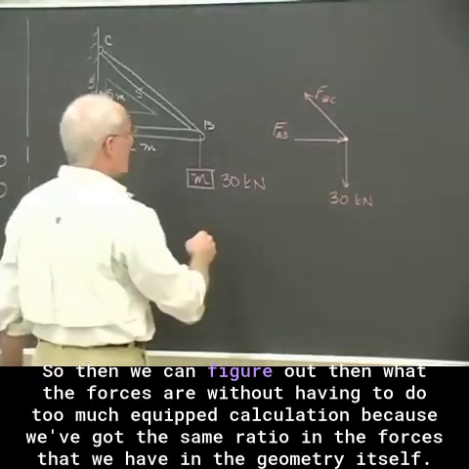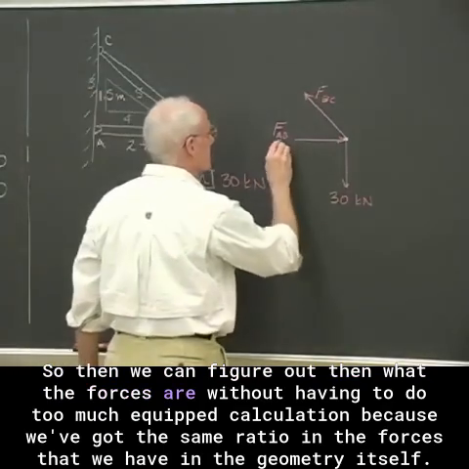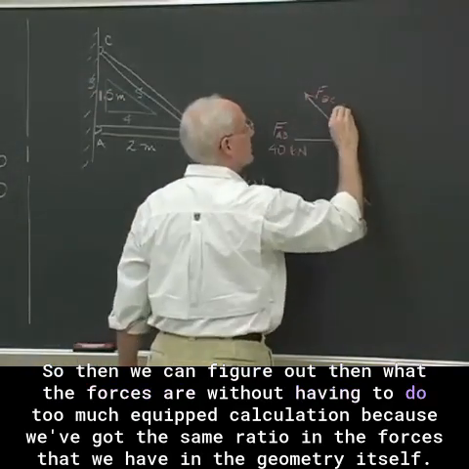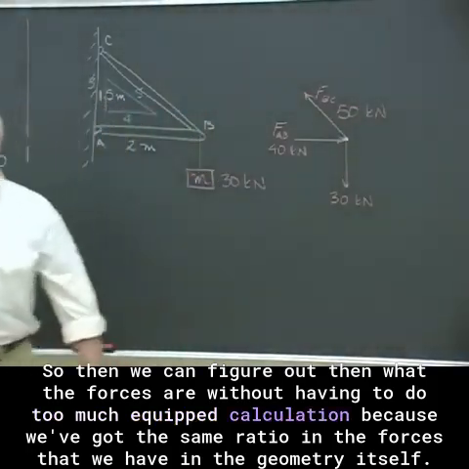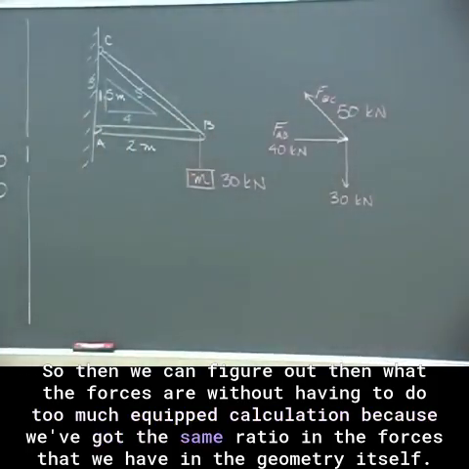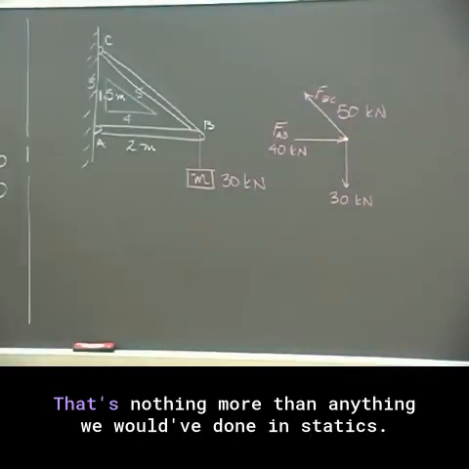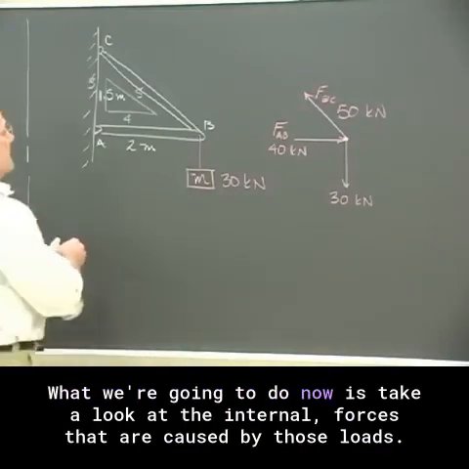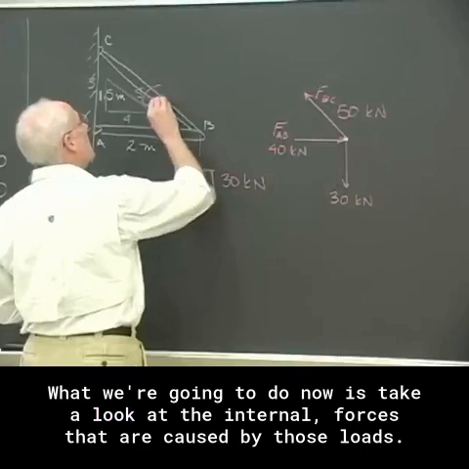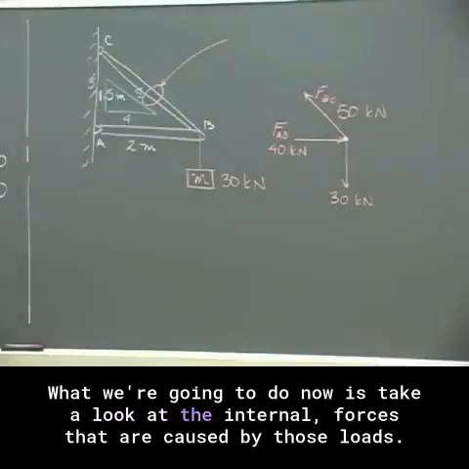So then we can figure out what the forces are without having to do too much calculation, because we've got the same ratio in the forces that we have in the geometry itself. That's nothing more than anything we would have done in statics.